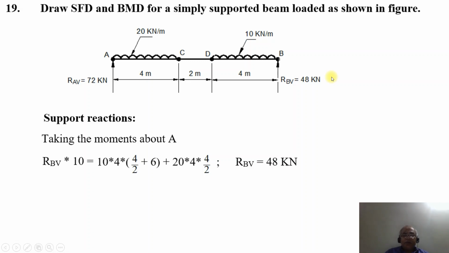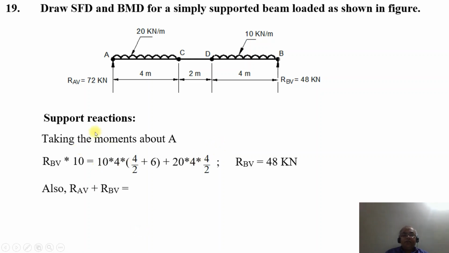Now again, the sum of the vertical reactions going upwards will be equal to the sum of the vertical loads acting downwards. RAV and RBV are both acting upwards, so RAV plus RBV will be equal to the vertical load acting downwards.